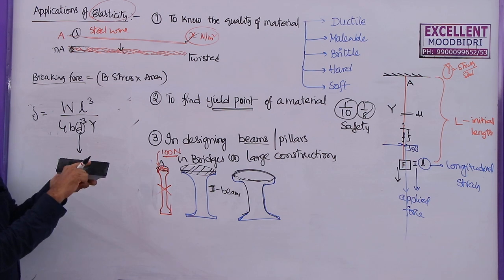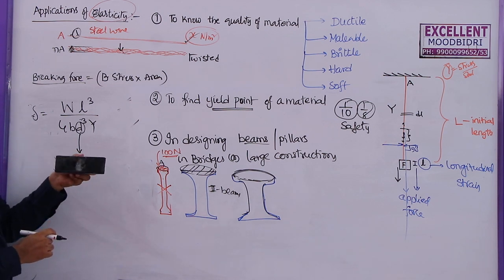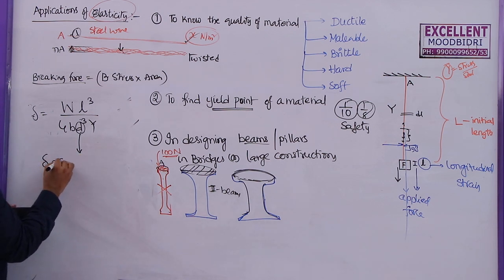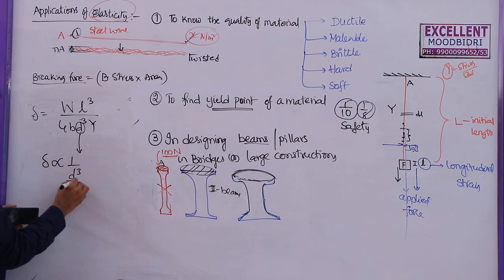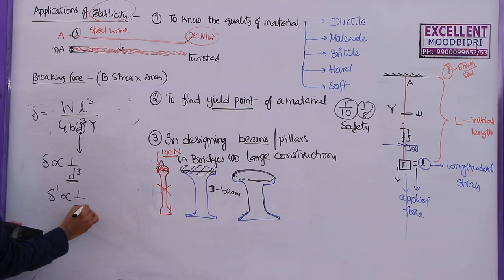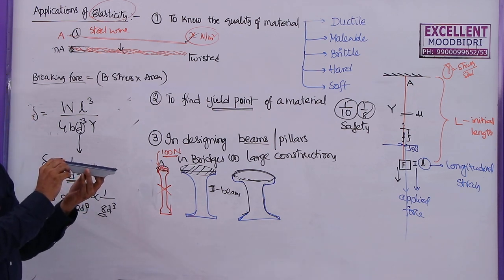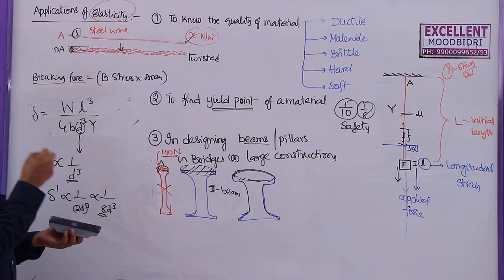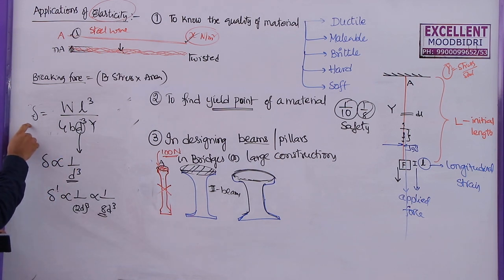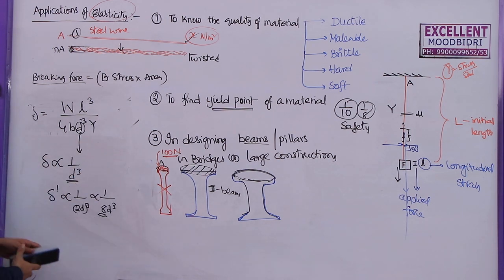That means here the depth is d, and here the depth is 2d by rotating this one. The depression is inversely proportional to d cube. If it is doubled, it becomes 1 by (2d) whole cube, which is 8d cube. So the depression will be reduced by 8 times. These are small factors that can be used while constructing bridges to have more strength and less dip or depression.